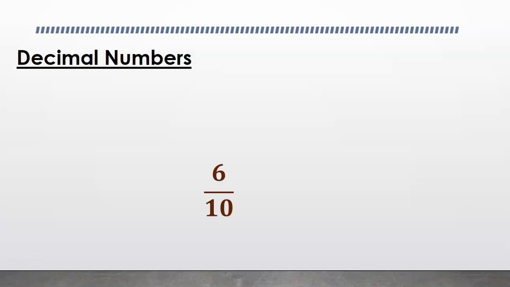6 over 10 or 6 tenths. I can convert it to a decimal number because the denominator is 10. Okay, decimal point and put the whole place value. And how many decimal places here? 1 decimal place.